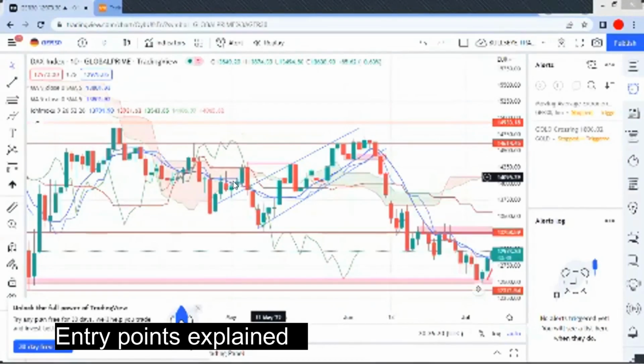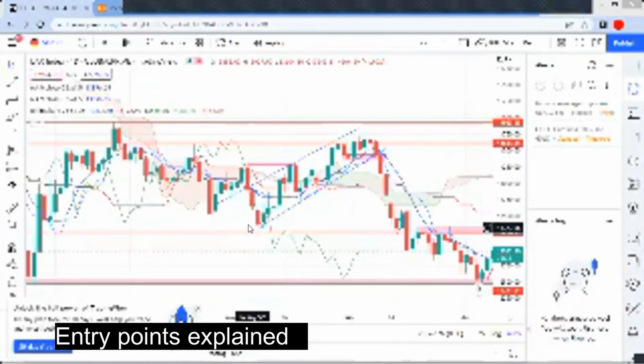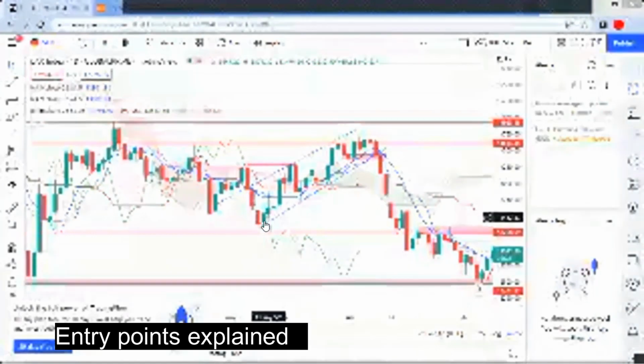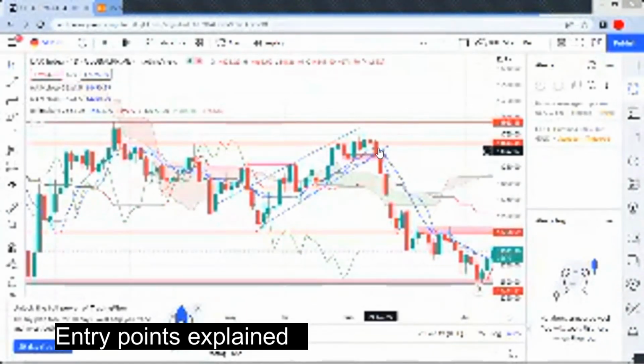But again, what you don't know, because I'm the one who does the analysis, is that on my side I can see that all these movements are happening inside the trend lines. So this one is going to be my support trend, and this one is going to be the resistance.